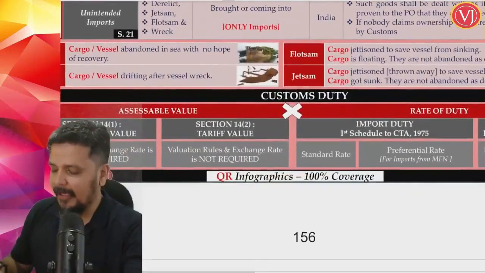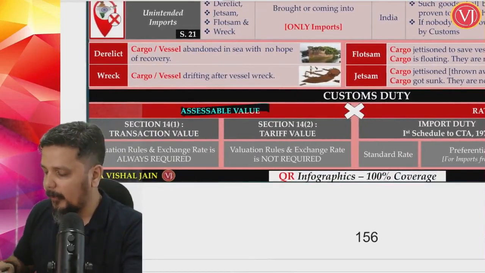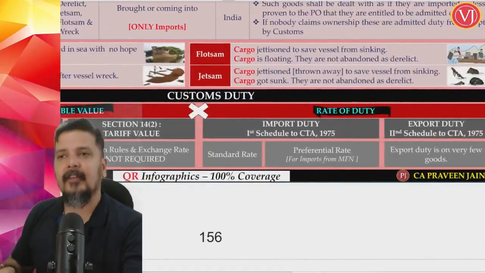Now, talking about calculation of your customs duty, you require assessable value and you require the rate of tax.